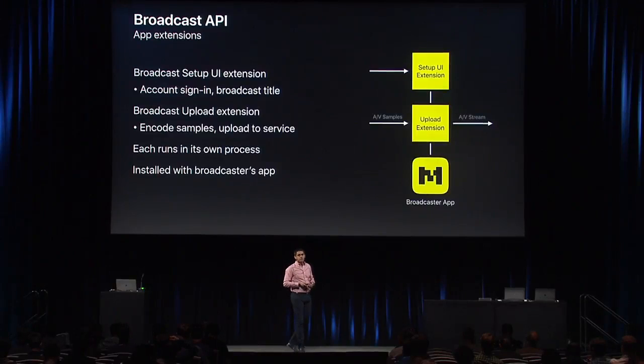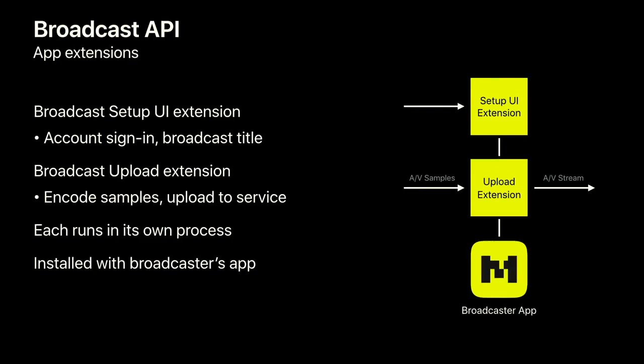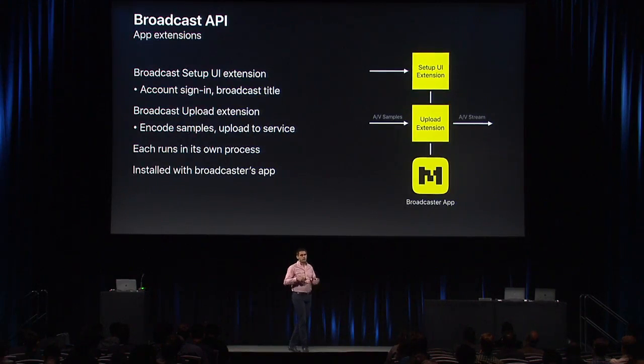And the second one is called broadcast upload extension. And the function of this extension is to receive the media samples handed by ReplayKit and encode them, create a video stream, and upload to the online service. Each extension is a separate binary that is installed on your device along with the broadcast app.